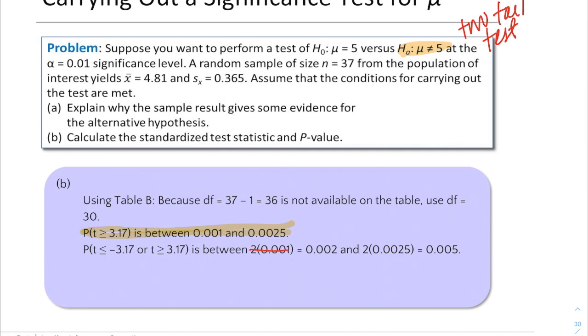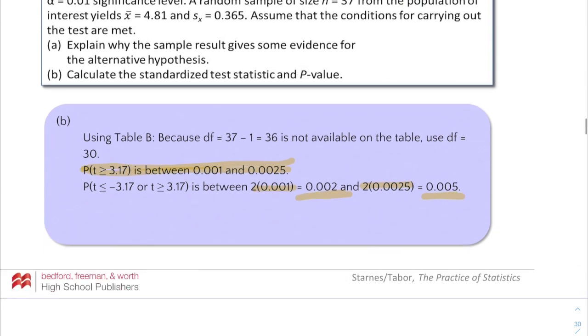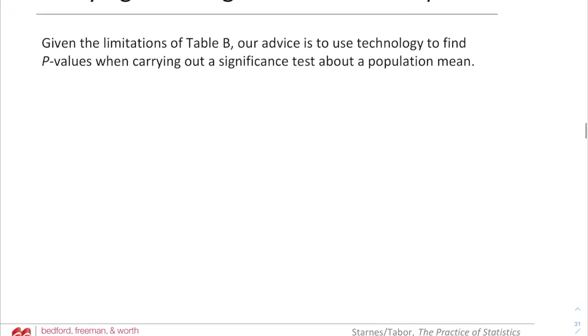Multiplying both of those values by 2, we get 0.002 and 0.005. So that means the final p-value of this hypothesis test is between 0.002 and 0.005. Again, using the table, we're very limited on the values it gives us. It's going to give us a range.